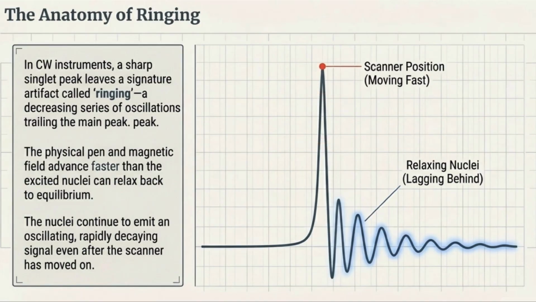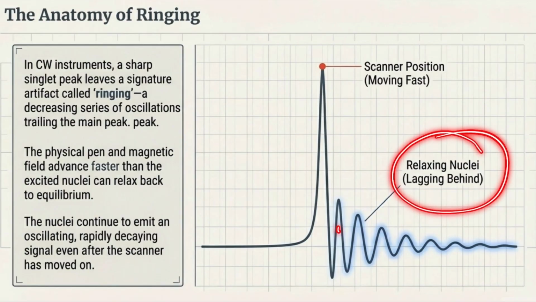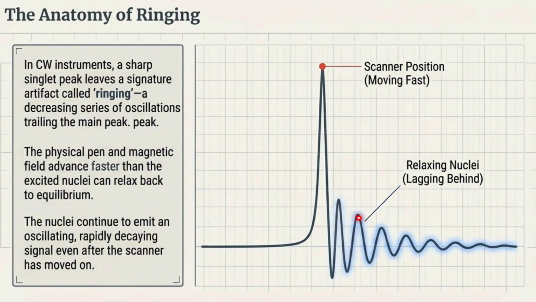However, as it moves, the nuclei are still lagging behind, in a relaxing phase, and when they relax, the pen has moved forward. As a result, this ringing pattern is produced. So the disadvantage of the continuous wave instrument is that it produces peaks with trailing rings.